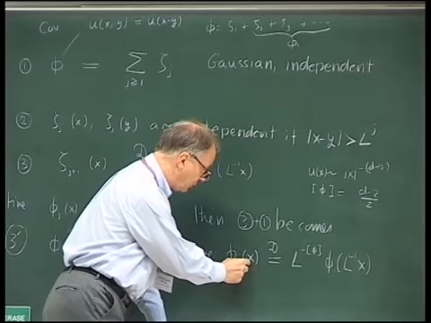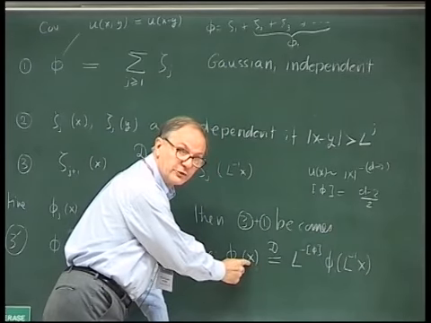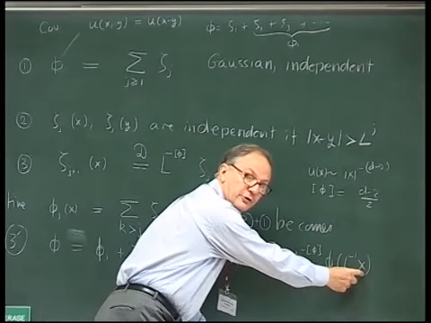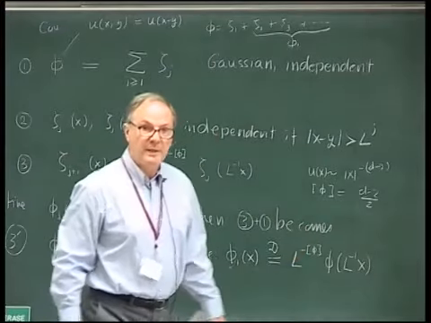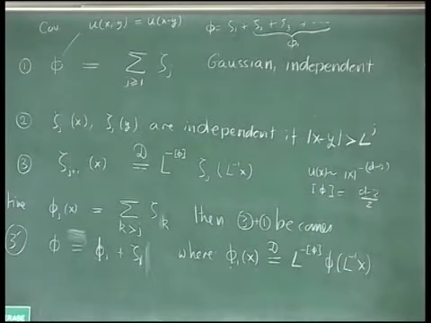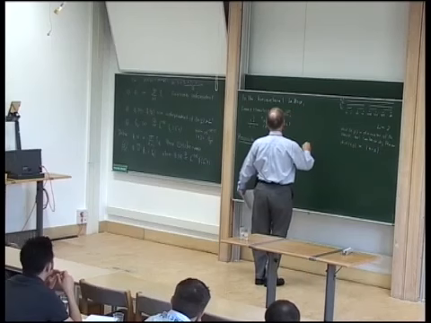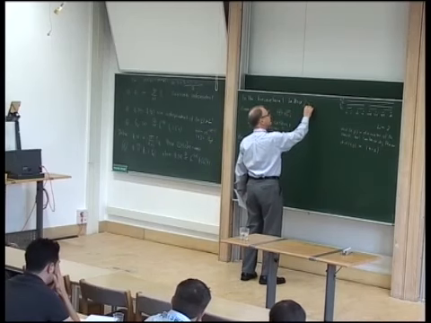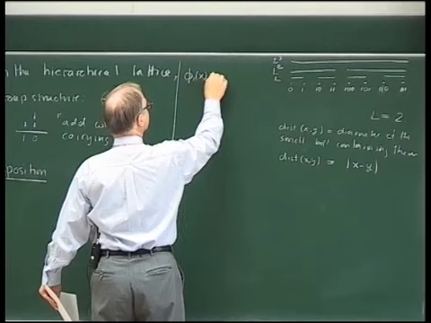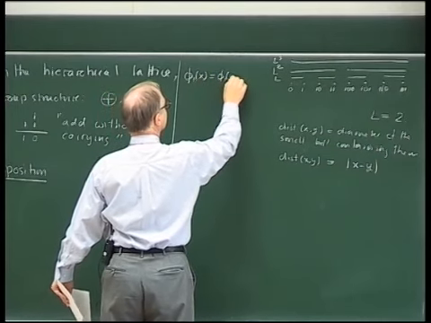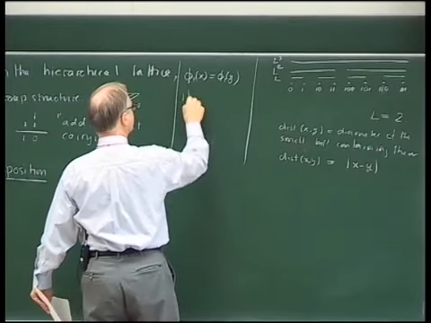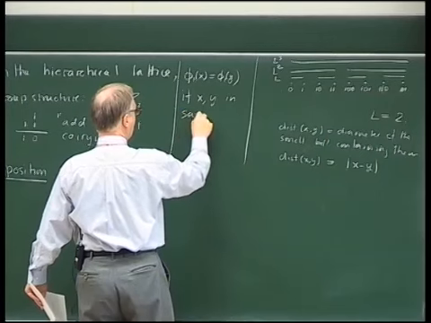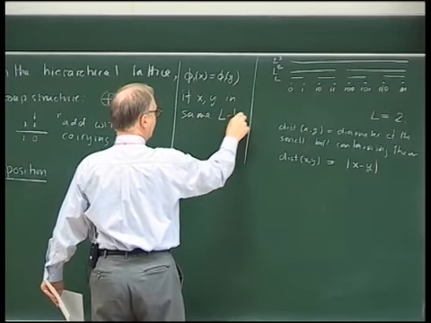Because if you put 2 different points in here for the x, which are in the same ball, they'll get identified over here. So the phi 1 is constant on balls. I'll write that down like that.